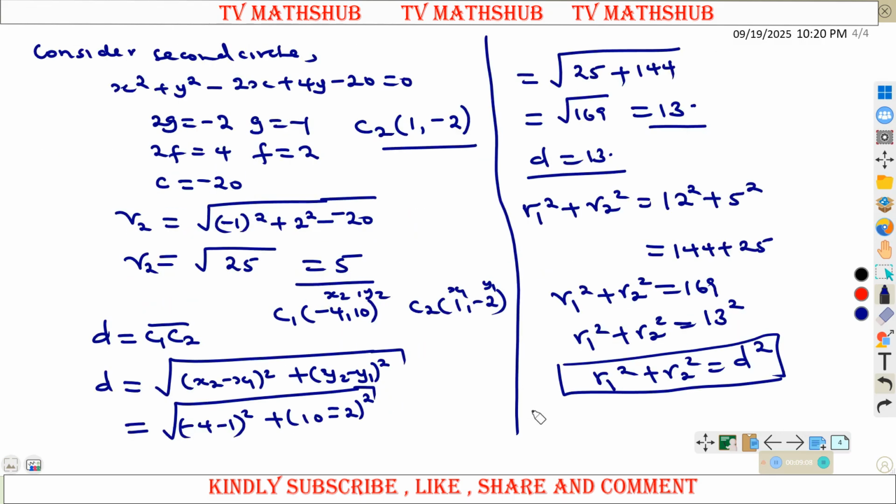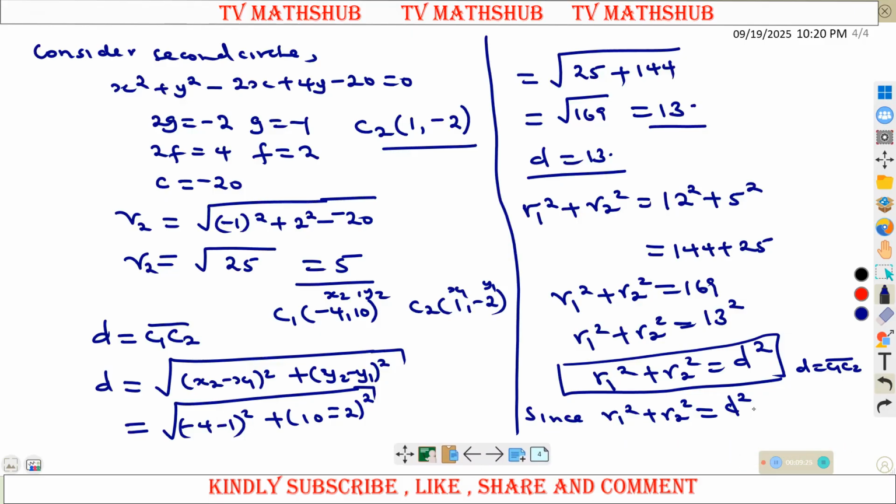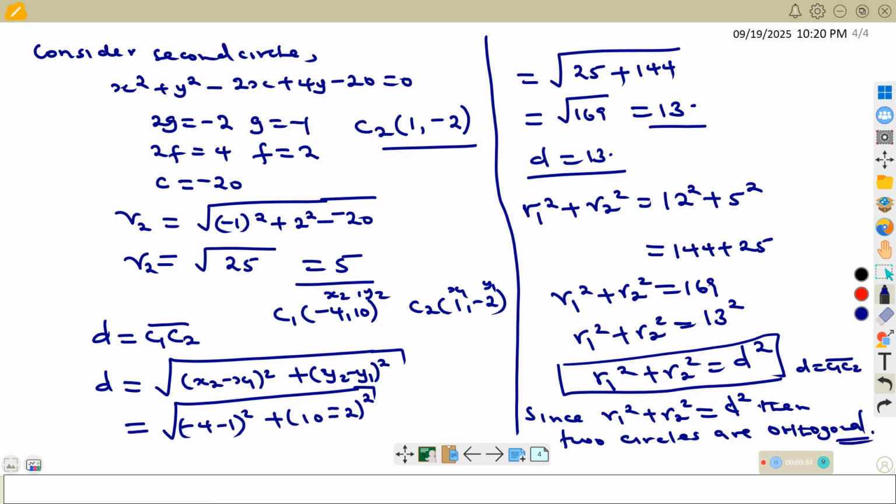So we shall say since R1 squared plus R2 squared is equal to D squared, remember our D is the length between C1 and C2, then the two circles are orthogonal. And that will be proved.